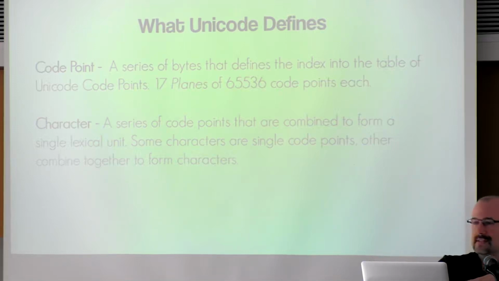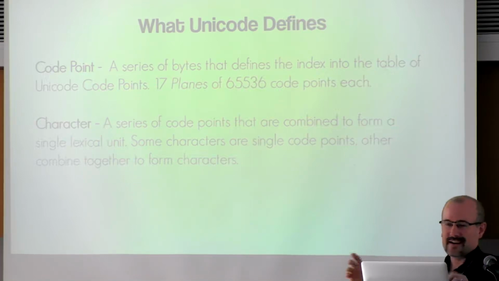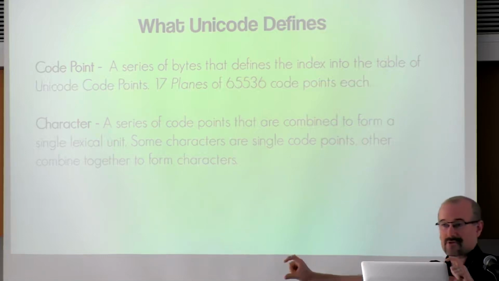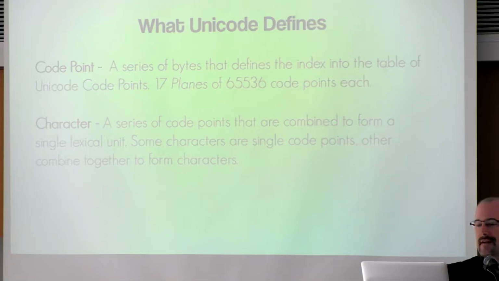You could look at some of the stranger languages out there, like Thai, where there are combining characters that come together to form a single character. So you have one character that has a whole bunch of extra code points. So a single character can have a practically infinite length in terms of code points.